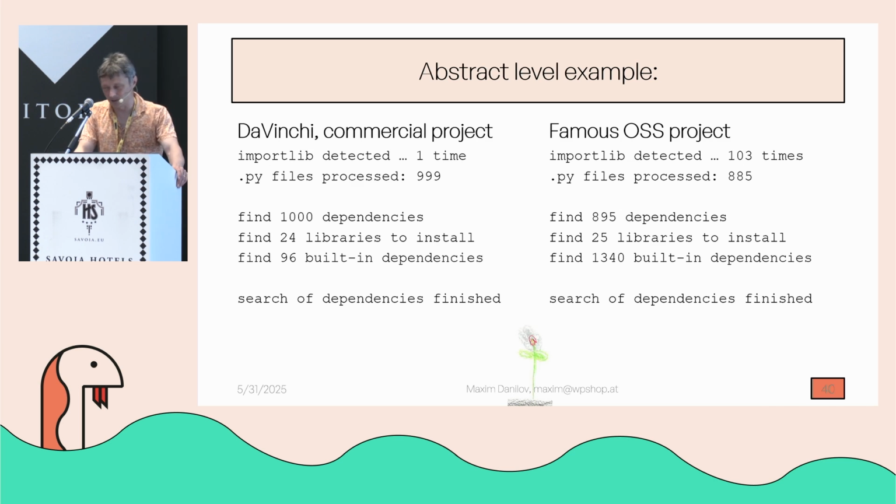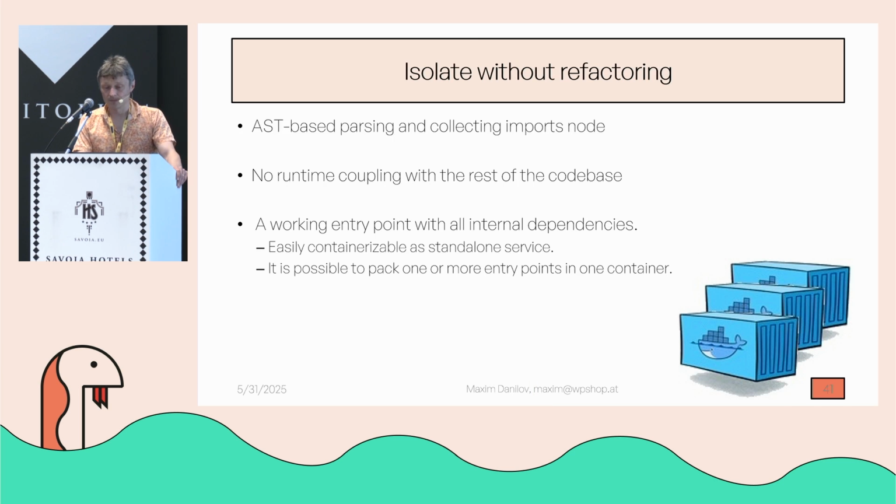It should be refactored. And also, for 1 entry point in the framework, we can see a better situation with coupling, because only 900 dependencies were found. Okay. Important, I use AST-based parsing and collect import nodes.